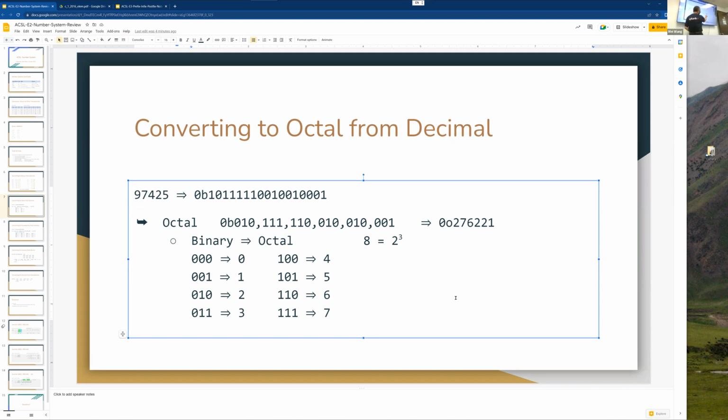If you have this octal number and we need to convert it into a hexadecimal number, it would be much easier to convert this to binary, right? Because we have this conversion table here. That makes sense? We can convert that into binary, and then we can re-segment this number by every 4 digits, and then convert that into hexadecimal.